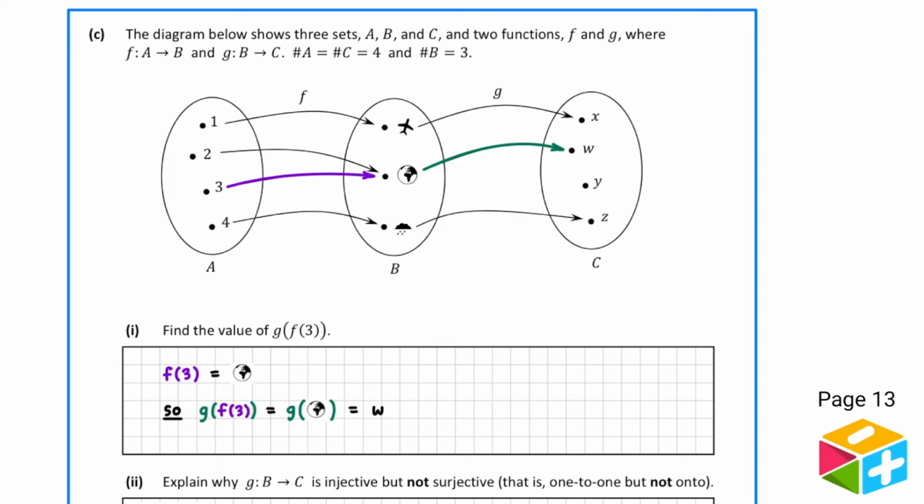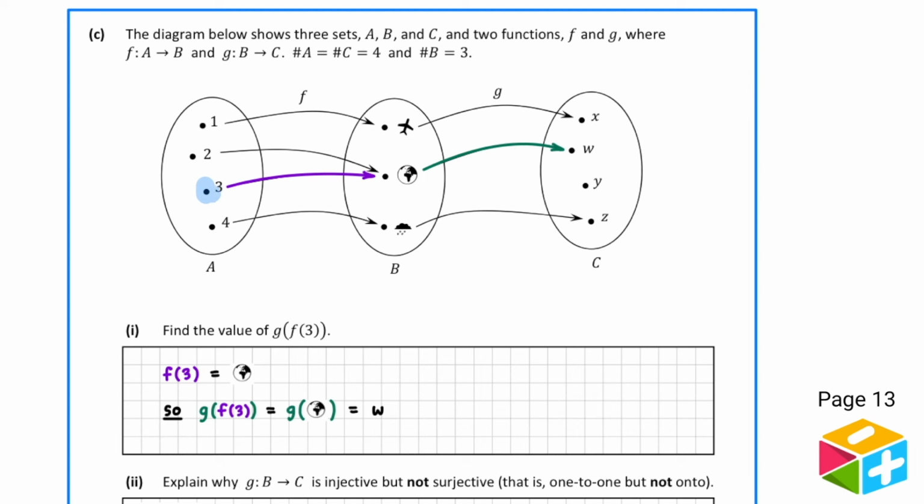In part C, we're given 3 sets, A, B and C. f is a function which maps from A to B, and g is a function which maps from B to C. The first task is to find the value of g of f of 3. To begin, we should find f of 3.